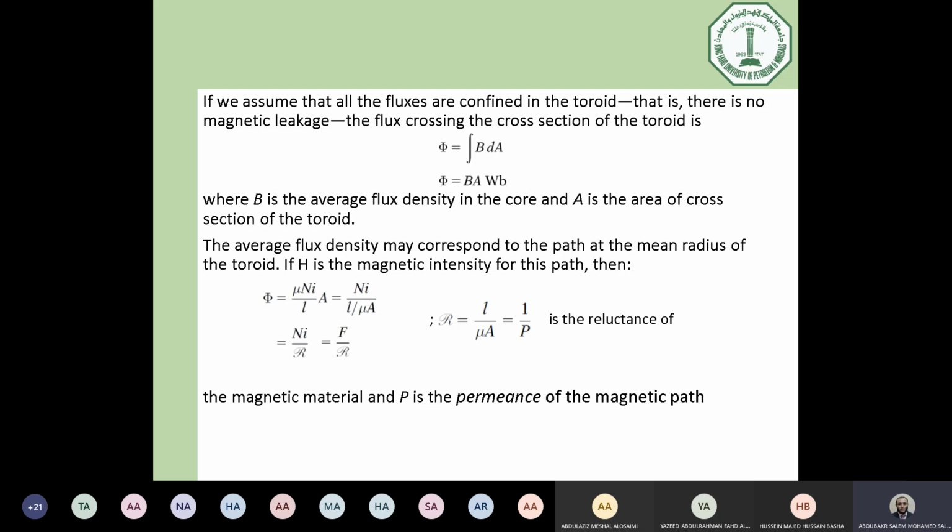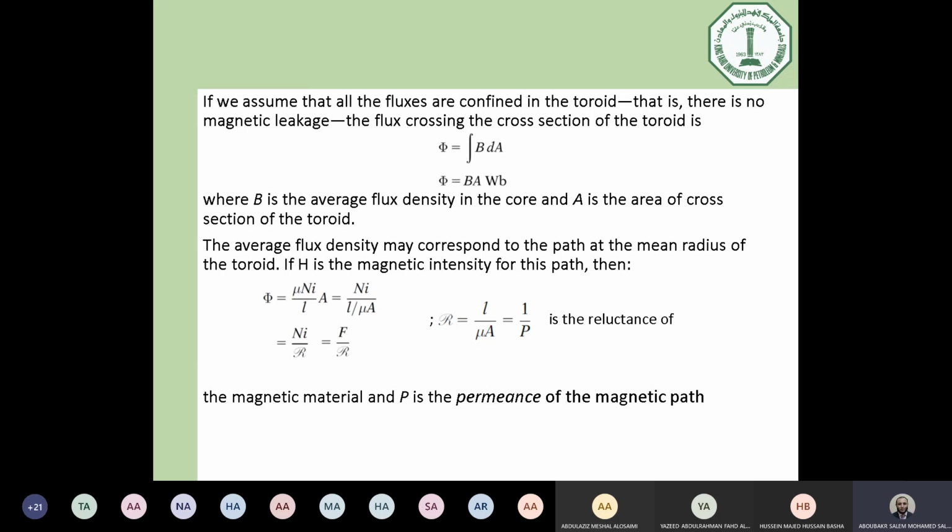Okay, and if you integrate dA according to the cross section of the material to get the cross section A, the flux will be B multiplied by A, which is measured in Weber. B is the average flux density, as we stated before, and A is the cross-section area of the toroid here. We agreed here the toroid area is the area of a circle.